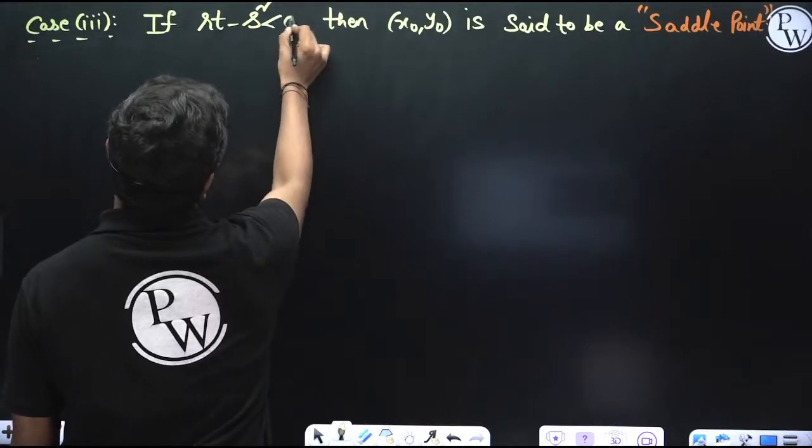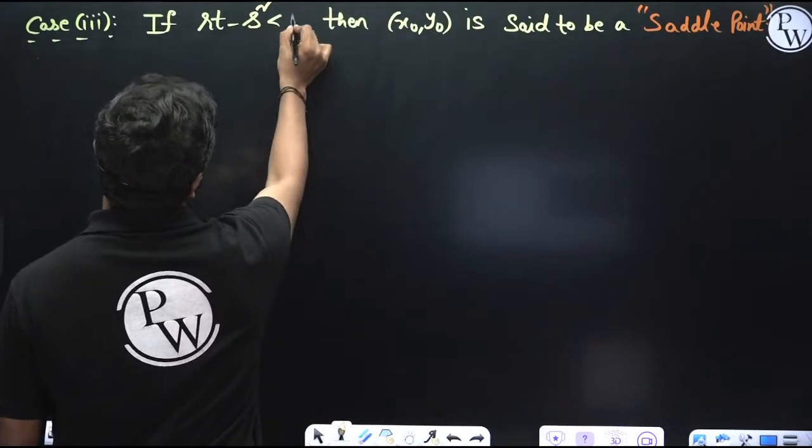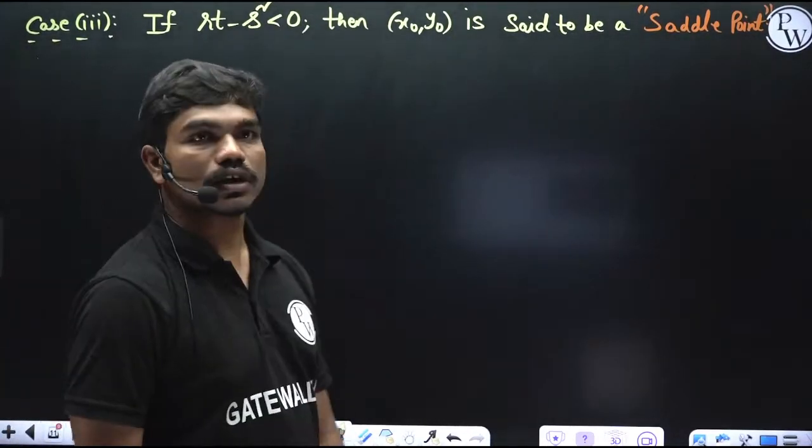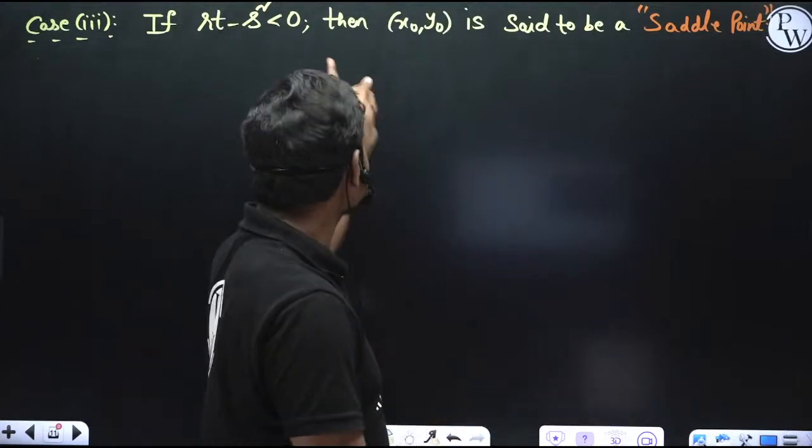So if rt minus s square is negative, then x naught comma y naught is basically a saddle point. We have seen about saddle points in single variable calculus, of course. So please correct this, it is negative.